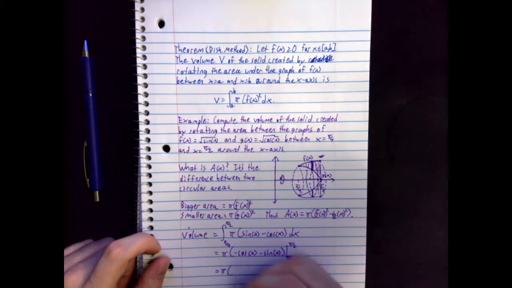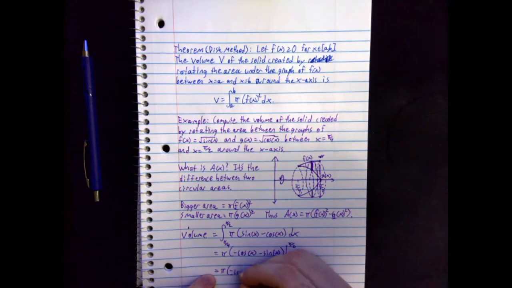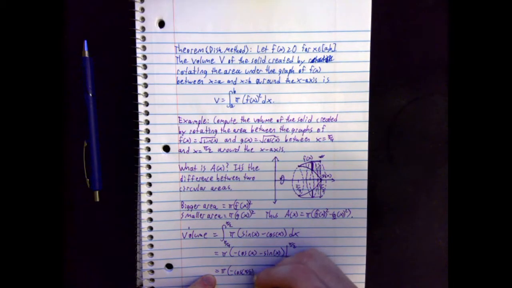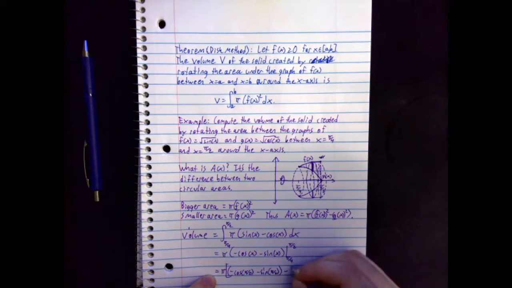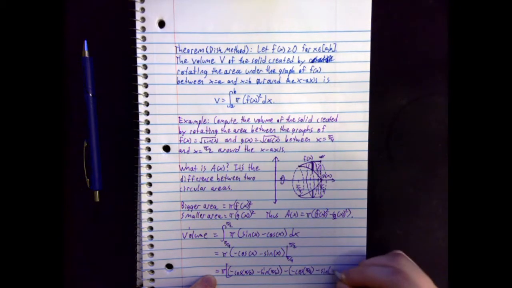And what do we get? There's going to be a negative cosine of pi over 2 minus sine of pi over 2, and then negative cosine of pi over 4 minus sine of pi over 4.